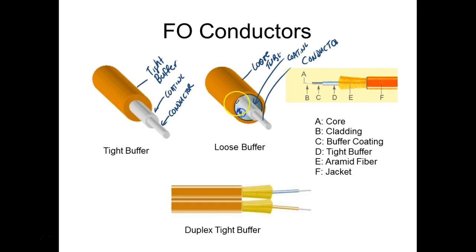And inside here, we'd usually have a gel, especially if it's going to be an outside cable. If you're going to use loose tube inside, you usually don't have that gel inside there. But if it's going to go underground or you're going to run it outside, I guarantee you they're going to have that. And this would be an example of a duplex tight buffered cable.